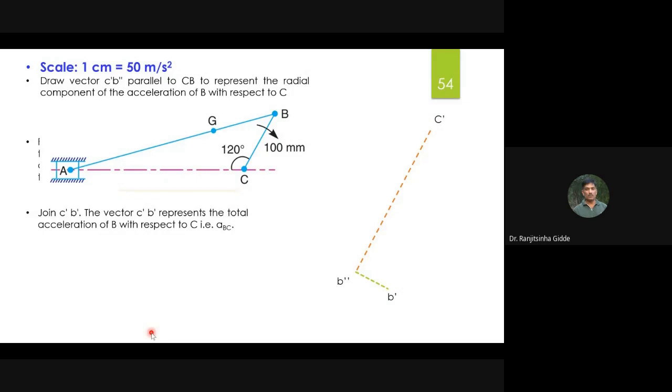The vector C prime B prime represents the total acceleration of B with respect to C, that is A BC.